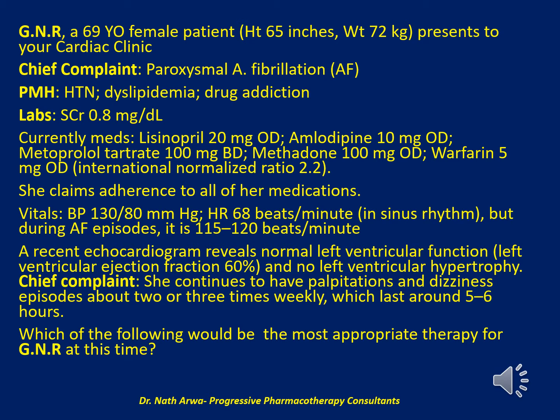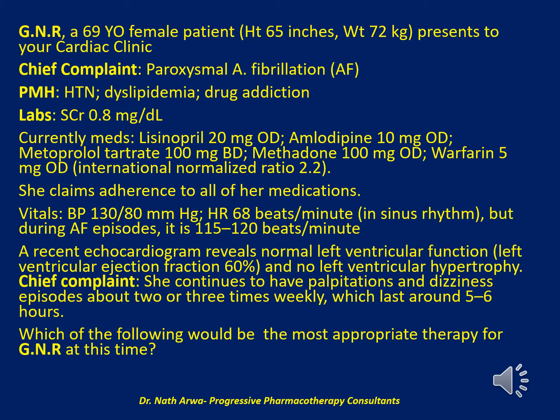Her pertinent labs include a serum creatinine of 0.8 mg per deciliter. Her current medications include lisinopril 20 mg orally once daily, amlodipine 10 mg orally once daily, metoprolol tartrate 100 mg orally twice daily, methadone 100 mg orally once daily, and warfarin 5 mg orally once daily.